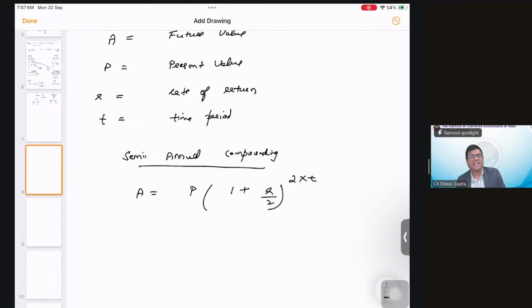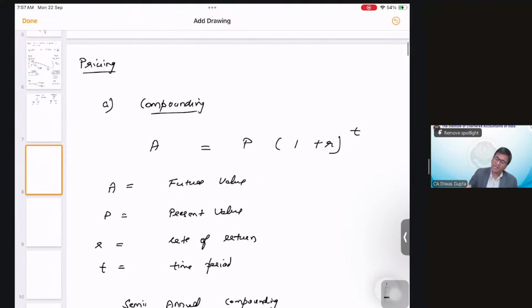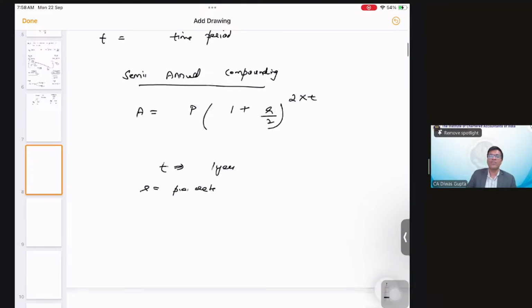Because now twice the compounding will happen. R is the annual rate of return, so we divide by 2 for 6 months, and for compounding we multiply by 2. So here T is always 1 year and R is the per annum rate. That's what we always assume in our formula as well. Here as well, R is per annum and T is equal to 1 for 1 year.